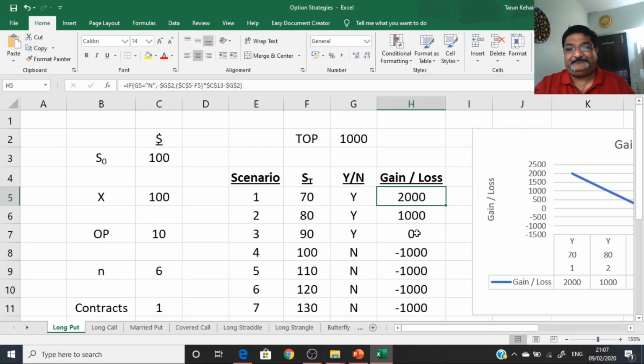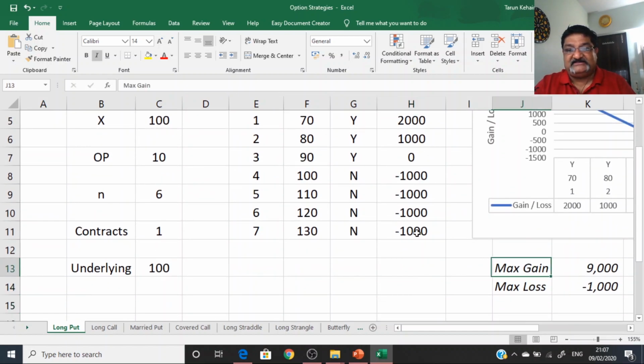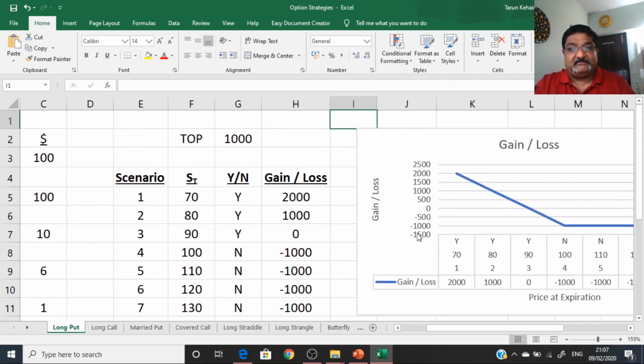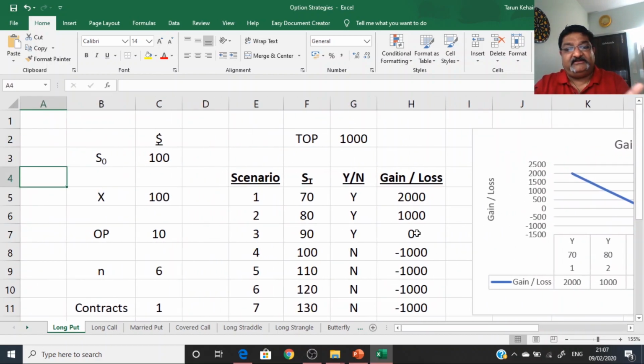Okay, so now if you look at the maximum gain that he can extract from this particular contract, the maximum gain will happen when the exercise price remains 100, but the stock price falls to zero. Just theoretically assume that the stock price falls to zero.